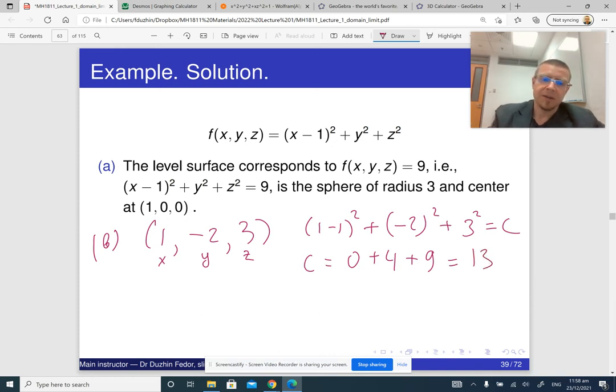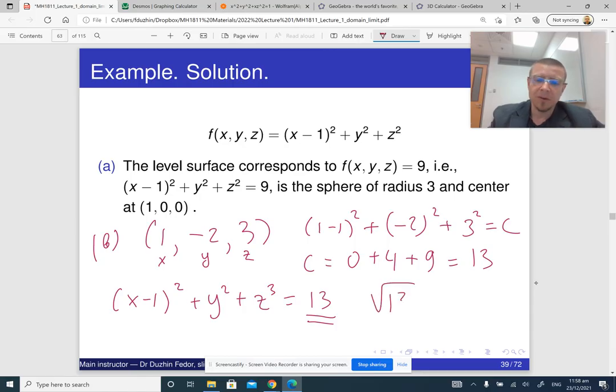So thus, in part B, our level surface is x minus 1 squared plus y squared plus z squared is 13. Well, this is still a sphere for the same reason, with the same center. The only difference is that now the radius is square root of 13.